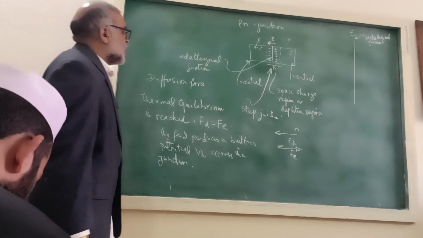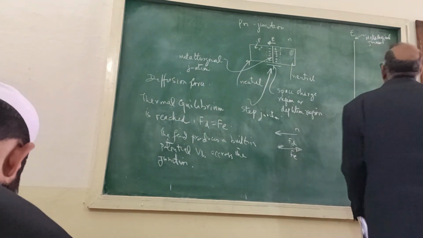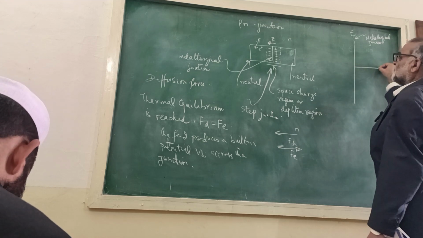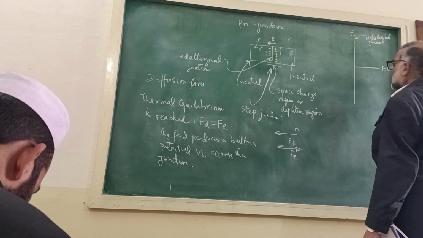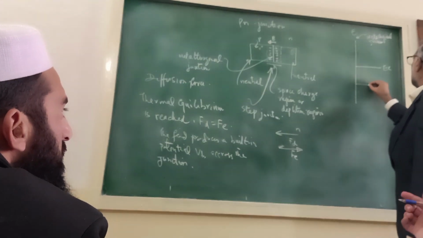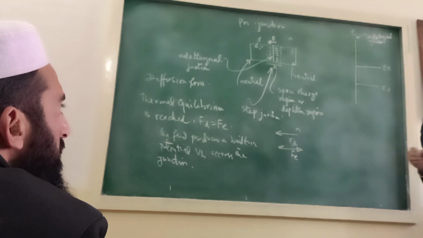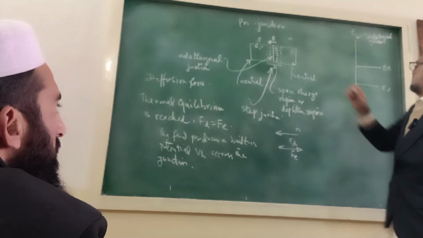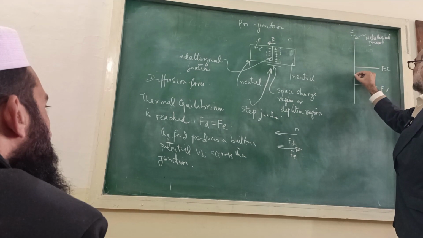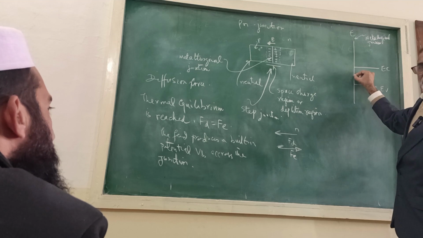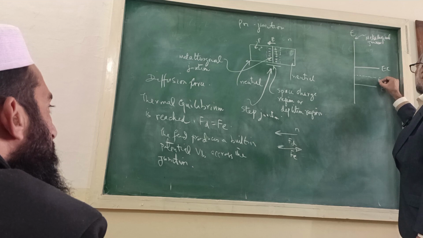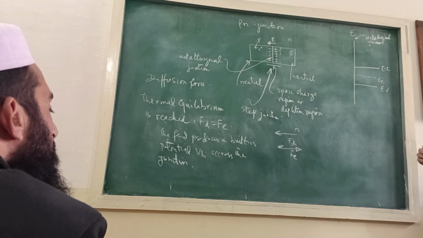Look, suppose this is the conduction band and this is the valence band, the band structure of the N type. So the intrinsic Fermi level will be somewhere in the middle. This will be the EFI, the intrinsic Fermi level.